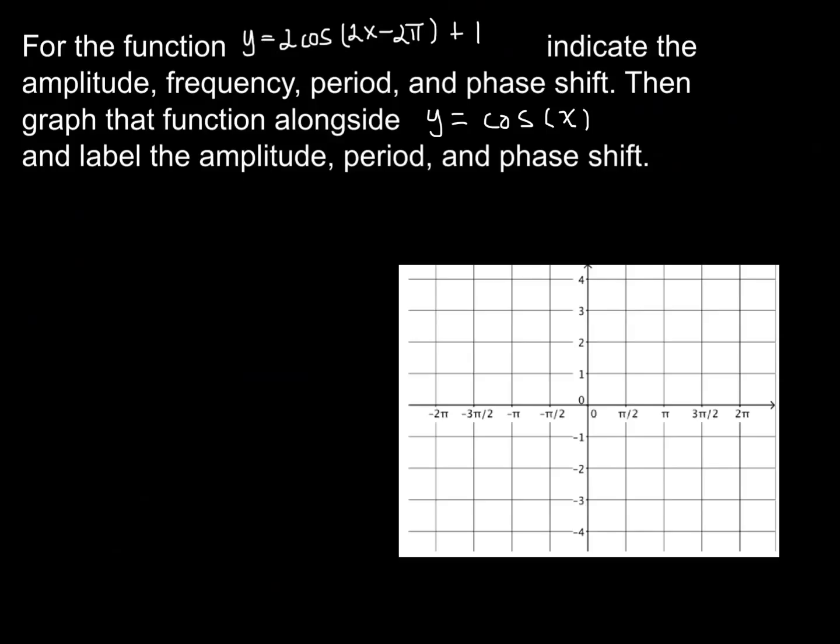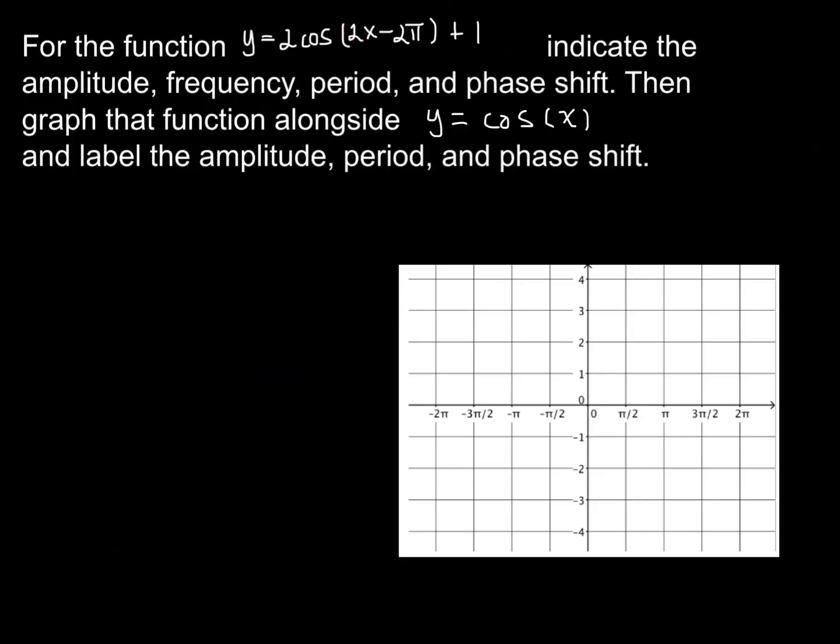Alright, I hope that went well. There's one thing that you want to consider, and that is looking inside the argument here of cosine. Notice that I have 2x minus 2 pi. So here we've got to think about, okay, well, is there a b value? And there is a b value because I've multiplied x by 2, so the b value must be 2.